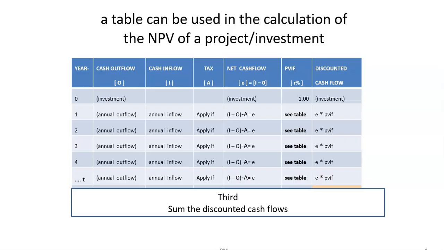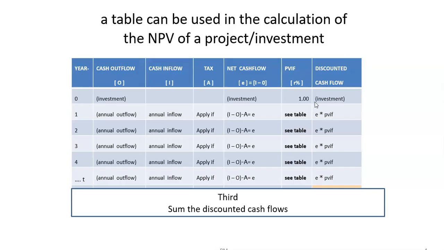All right, so all you're left to do is to multiply your net cash flows, which I'm calling E, by the present value interest factor, based on the rate of that cost of capital. So r represents your cost of capital. Whatever number is given to you, you use, and you will multiply out to get the discounted cash flows.